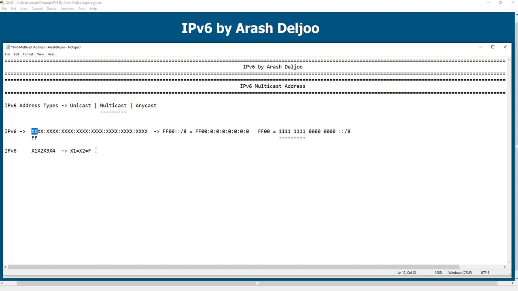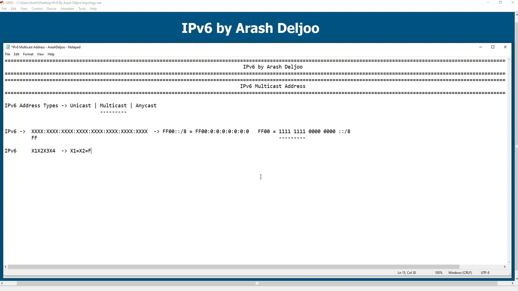But after that, we can use x3, the third character, and x4, the fourth character, for identifying the type of IPv6 multicast address. Let me explain this feature.